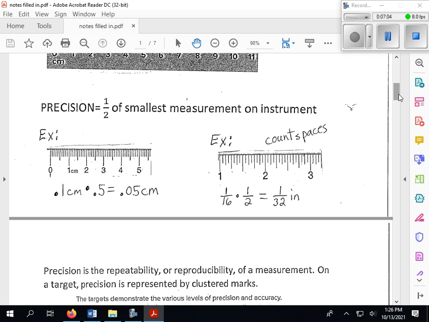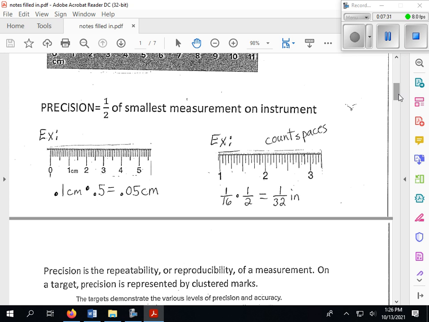And all that means, if I'm measuring this segment, say it goes out to there, and Fletcher looks at it and says, well, it's closer to that mark than it is to that one. And Maya looks at it and says, no, it's closer to this one. Neither one of them's wrong, all right? We can only be precise to within that.